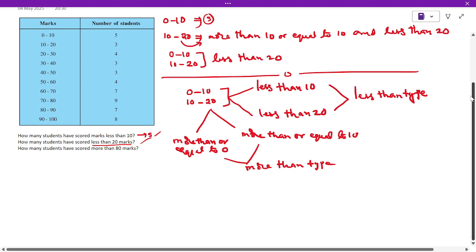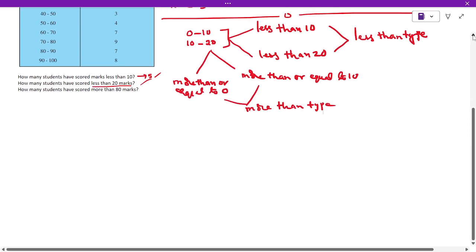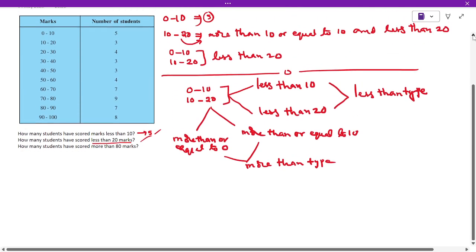Okay, so let me take a table so that it will be easy for us to understand. This is a very easy way to find cumulative frequencies.